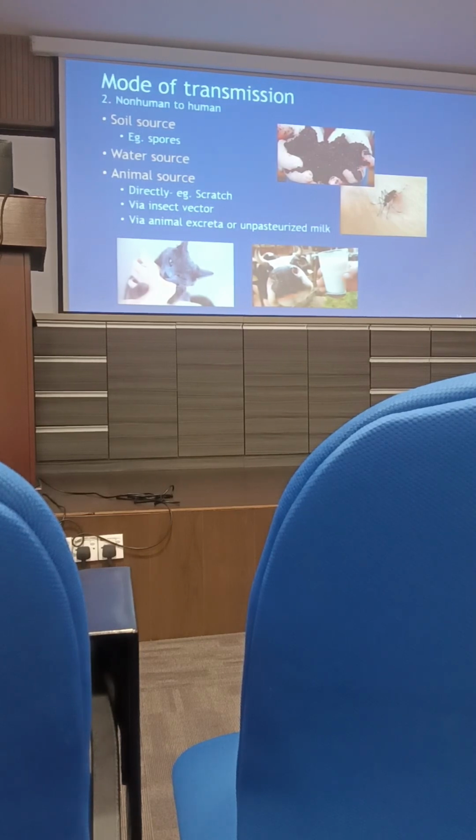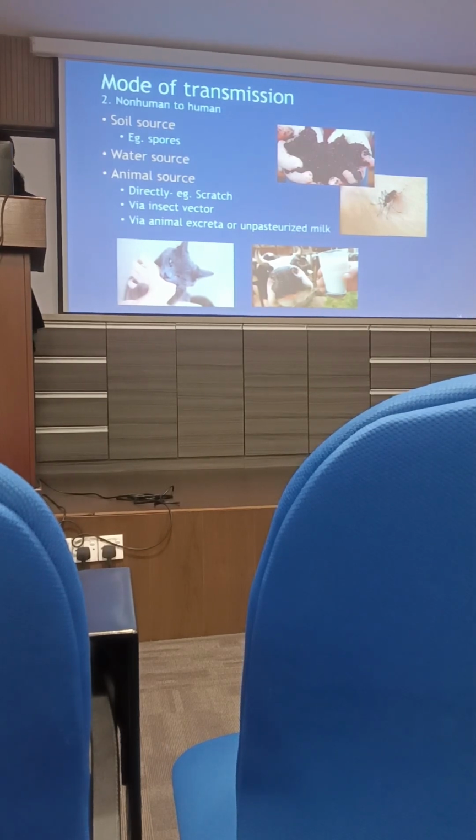From water, right, and from animal sources, for example, cat scratch disease, from insect vectors, or even from animal excreta, urine or feces contamination, or from unpasteurized milk. Even milk that is not pasteurized can be a mode of transmitting a foodborne infection.